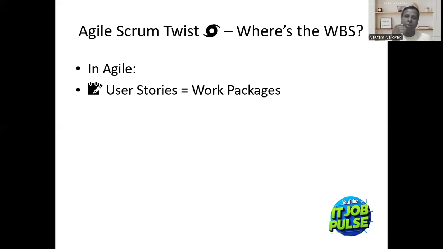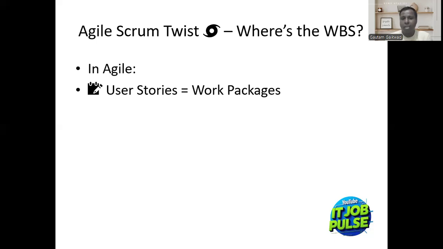Now that epic gets broken down into smaller sub goals. Sub functions, like under search you can have a functionality like Google Maps, or a functionality of showing web pages.